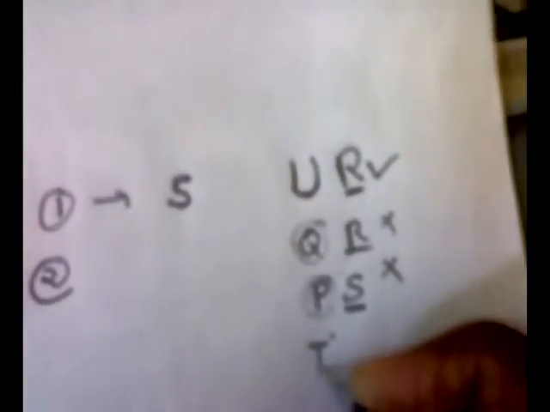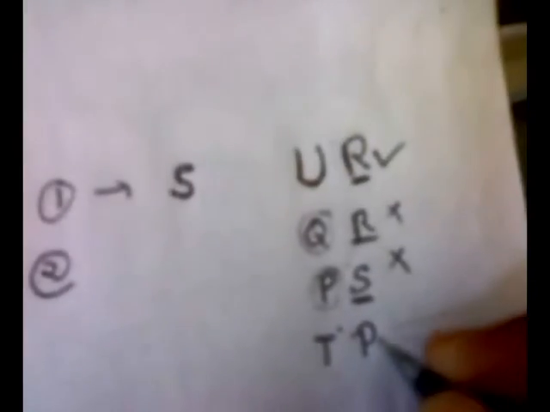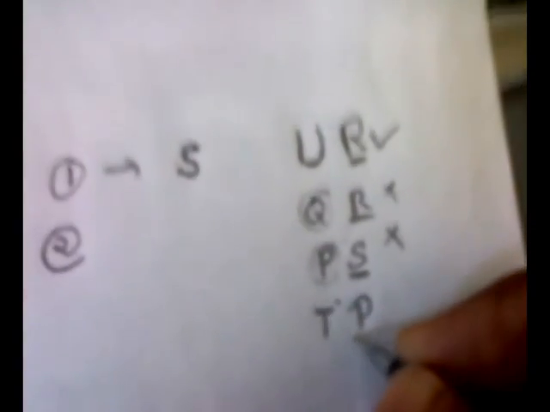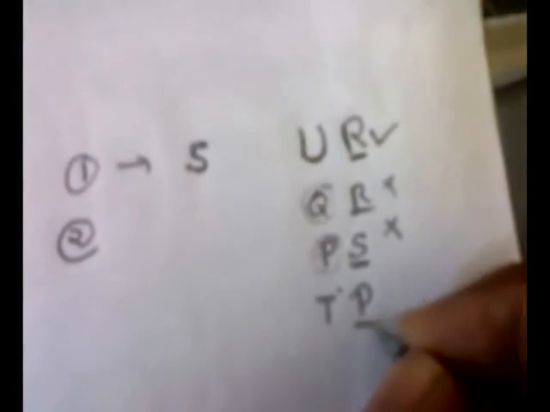And the last option is TP. According to this option, P is sitting immediate left of T, right? So we will highlight T, and from T we will move along to P, so we have to move in anti-clockwise direction again.